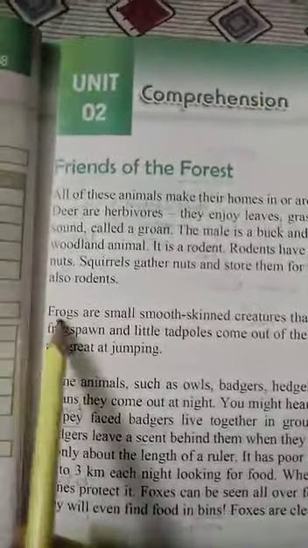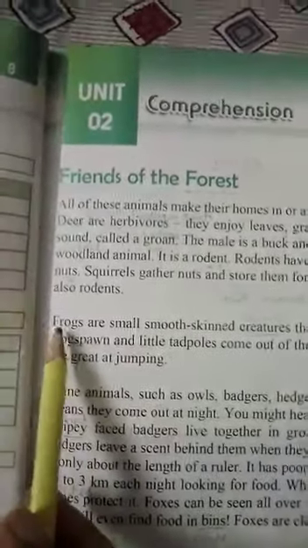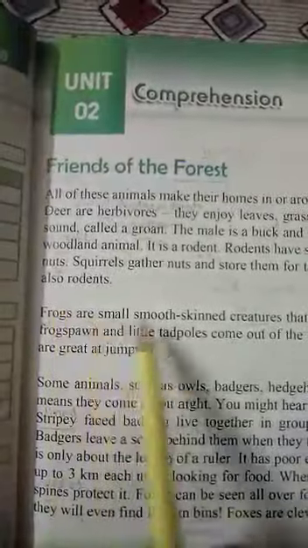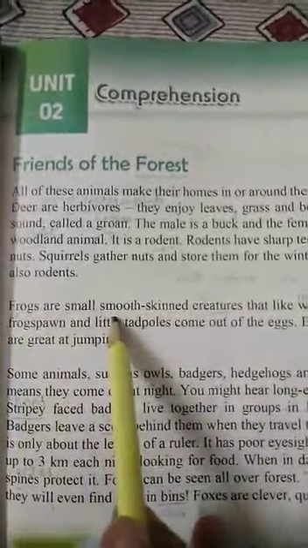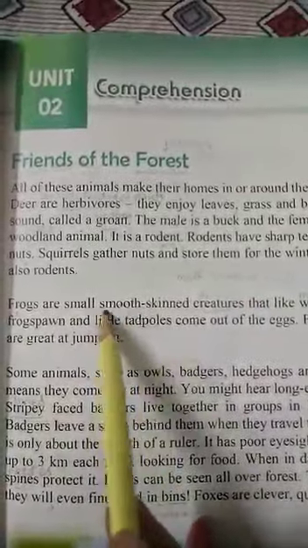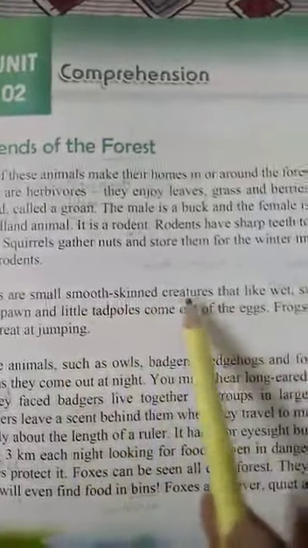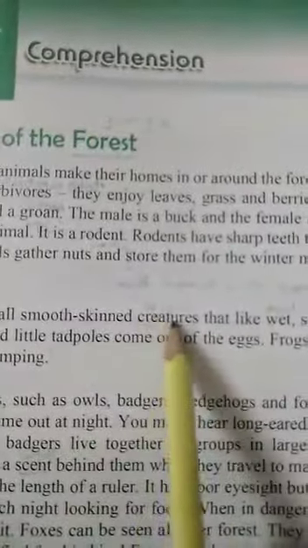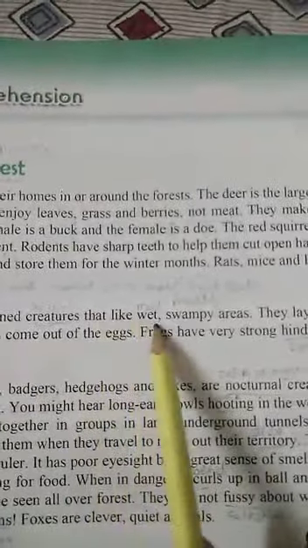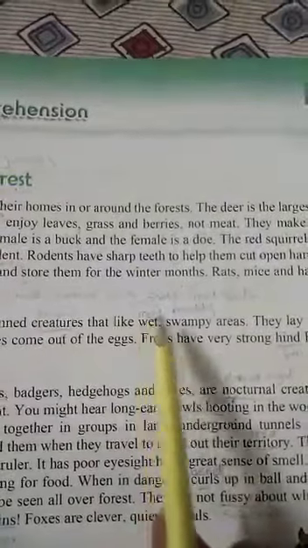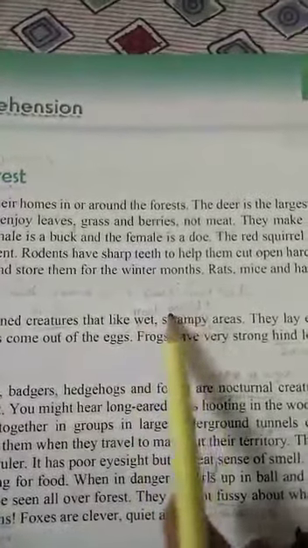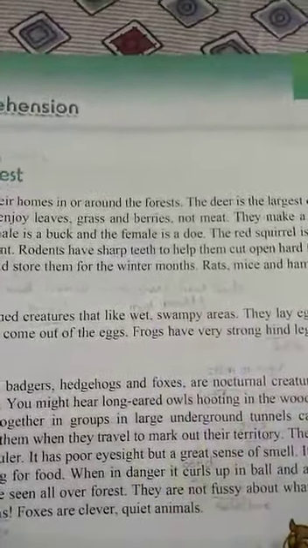The next animals they are telling us about are frogs. Now frogs are small, smooth-skinned creatures. Frogs have smooth, which means soft, skin, and creature here means animals that like wet and swampy areas. Wet means moist, gila, and swampy means muddy. Muddy means daldal type areas.